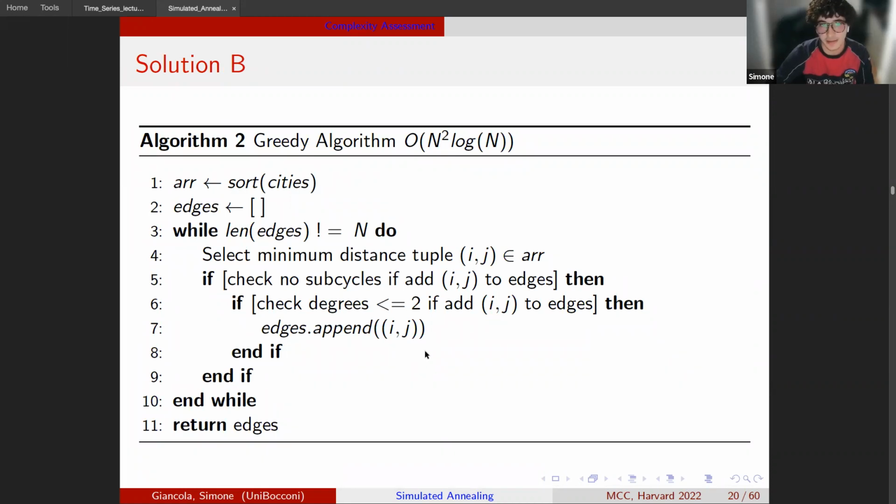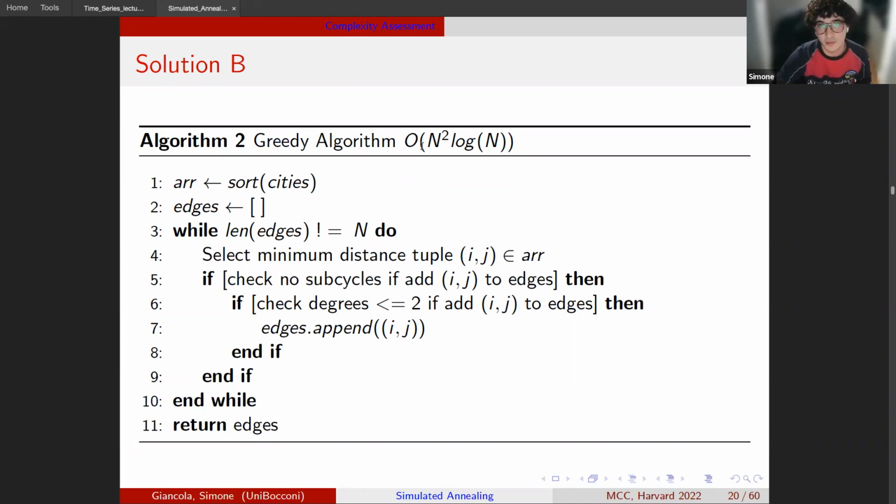We could find greedy solutions like this one, which is a little more structured than the first one. We just wish to find a tour of the cities satisfying some constraints, which are no subcycles, because it's a tour, and that the degree of the cities is less than 2, because each city is just connected to 2 cities.